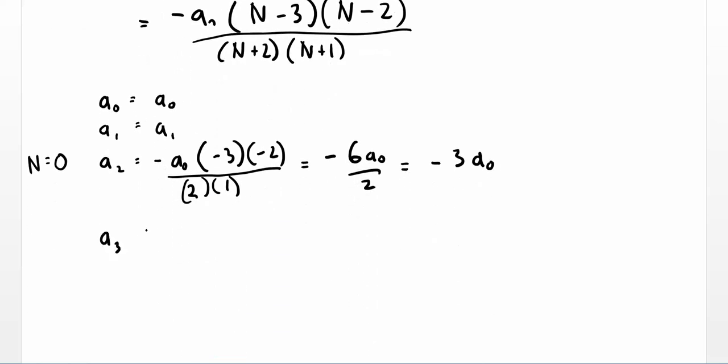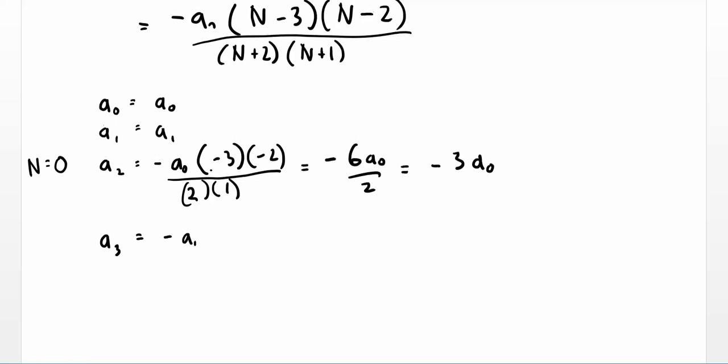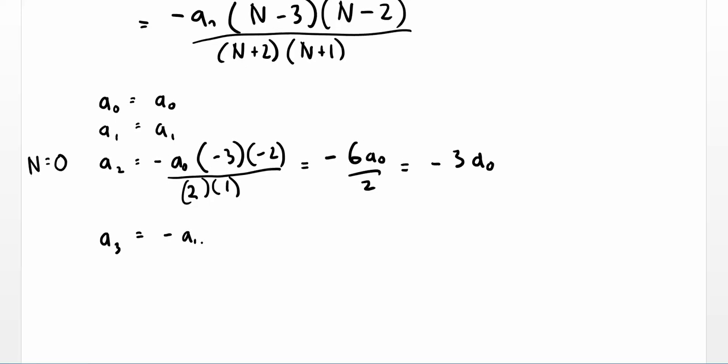A sub 3 now is equal to negative a sub 1. Using the recursive relationship again, this is n equals 1, capital N equals 1.